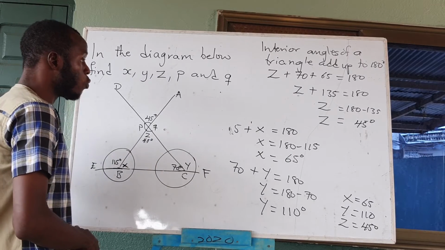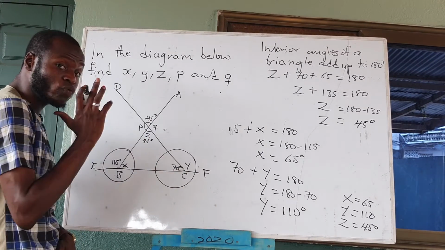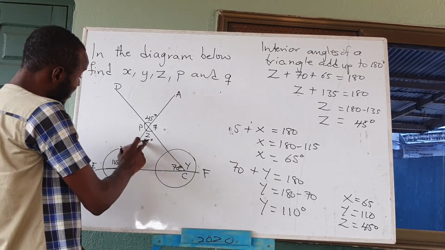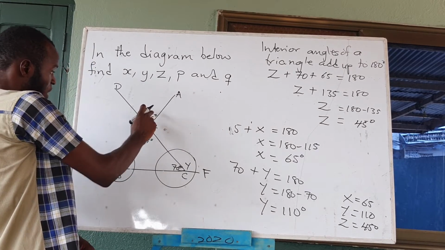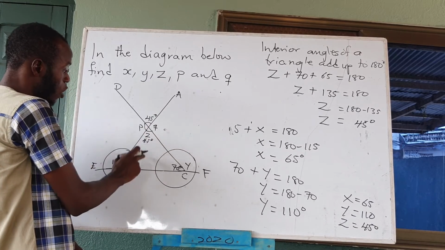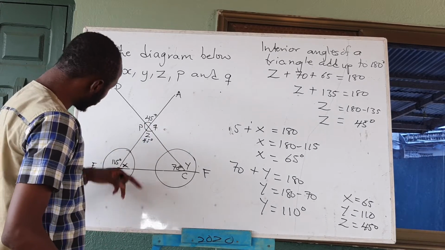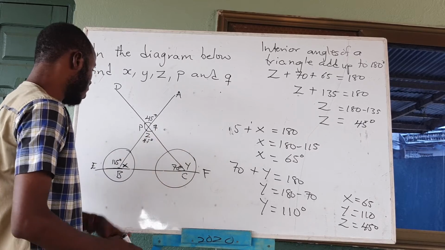We shouldn't even have needed to calculate it, but since we did, it proves that we have the correct angle at z. The same way p and q are also equal. So if you know p, you automatically know q, or if you know q, you automatically know p.